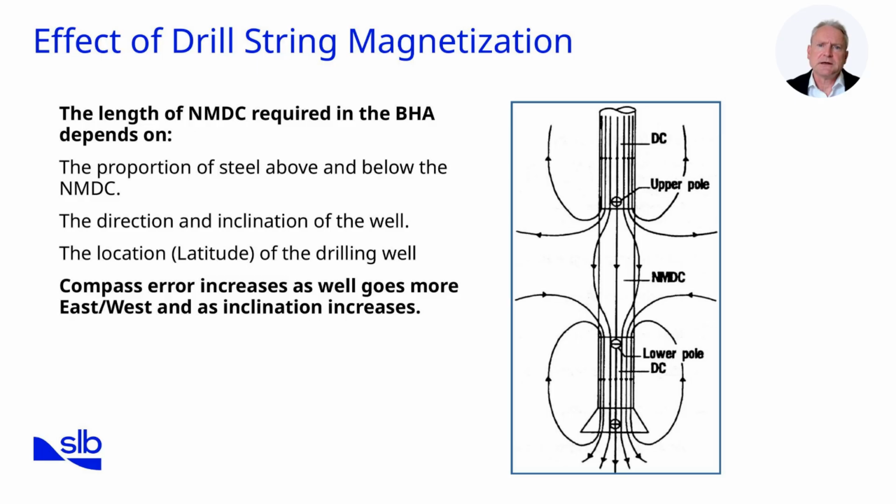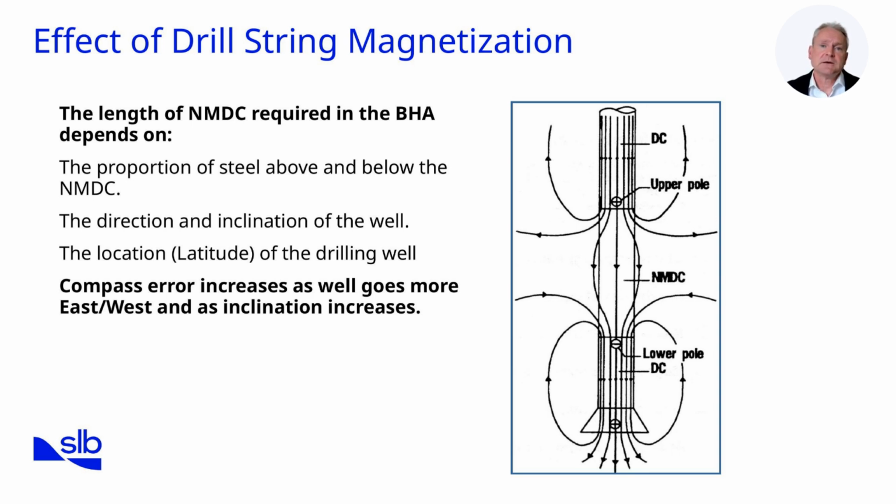Errors increase with inclination, especially in east-west drilling, where the survey tool is perpendicular to Earth's main magnetic field. Finally, latitude influences the dip angle of magnetic field lines, which in turn affects the tool's sensitivity to interference. Compass error therefore grows as well as deviates from north-south alignments, and increases as inclination increases.